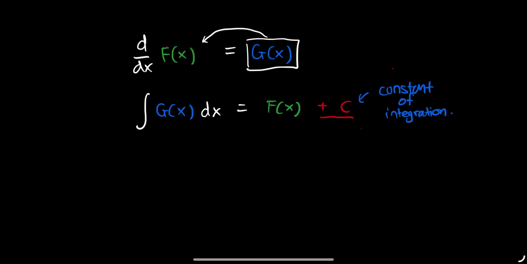In this case, f of x, you see here, is known as the antiderivative of g of x, similarly to how g of x is the derivative of f of x.